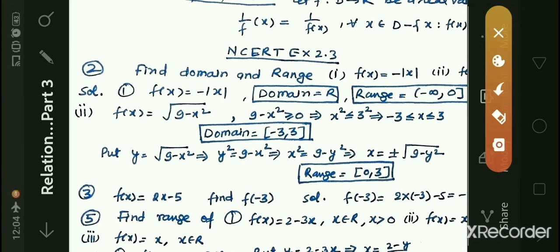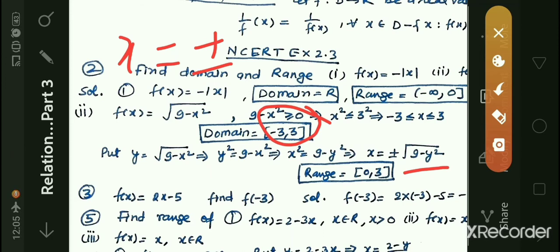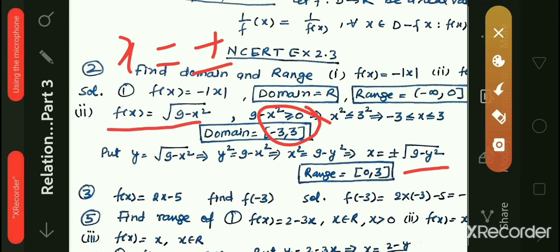We took x as plus minus because in the domain x is negative also, so we consider both positive and negative values. Now students, you can observe that y cannot be negative, because f(x) is not negative here, so we consider only positive values. Now the maximum value of y can be 3, because if y exceeds 3, then this will not be possible at all.